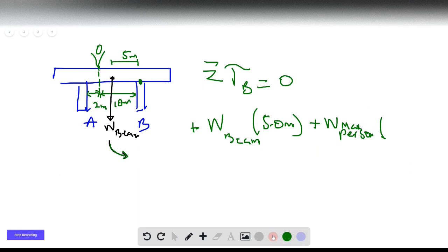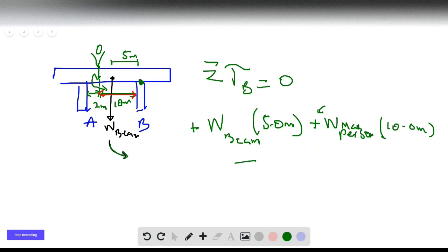So, we're saying from this position up until that position is 10 meters. We're going to include that 10 meters. And since the weight is pointing downwards, it means that the torque for that weight around B is also counterclockwise, and therefore it's going to be positive.